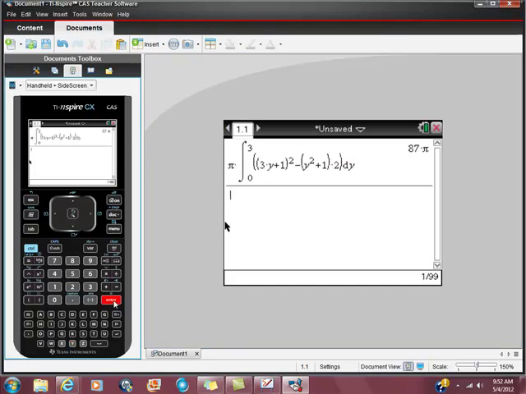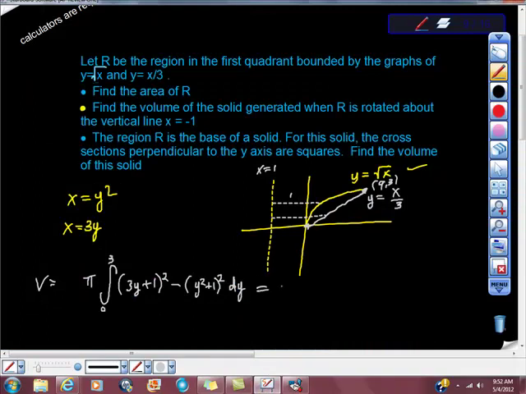And just hit enter. It's 87 pi. So there's our answer. So I'm going to go back to the problem and solve it as 87 pi.